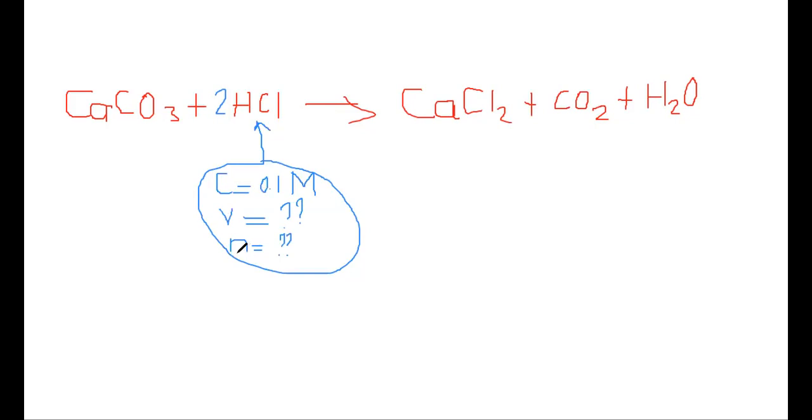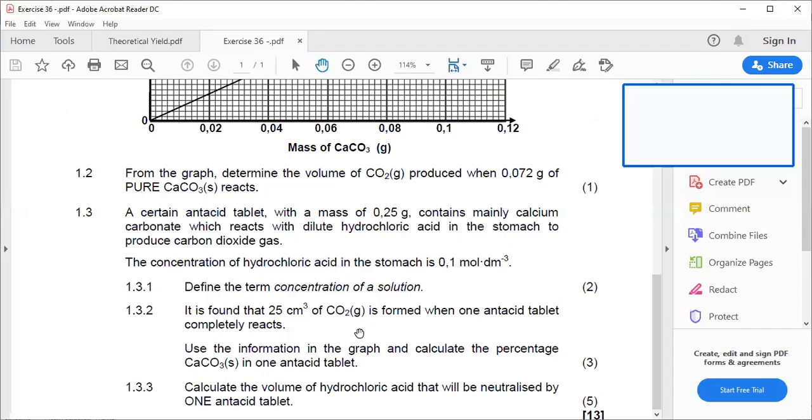We need to find this number of moles. How do we find it? We need to check what we are given, from calcium carbonate, calcium chloride, carbon dioxide, and water. What are we given in this particular question? If I can just go back to the question here. What is it that we are told here?